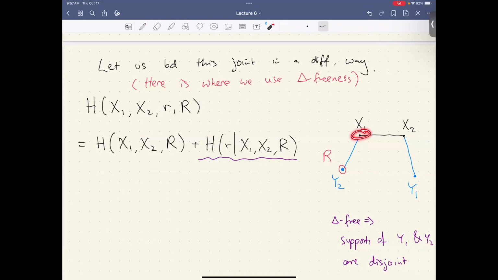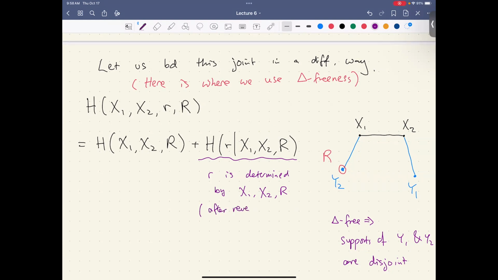If it's the neighbor of X1, we know that little r must be 2. If it's the neighbor of X2, then we know little r equals 1. So little r is determined by X1, X2, R.